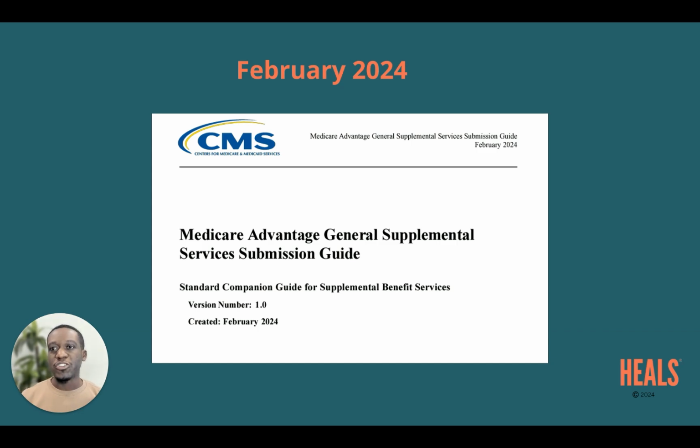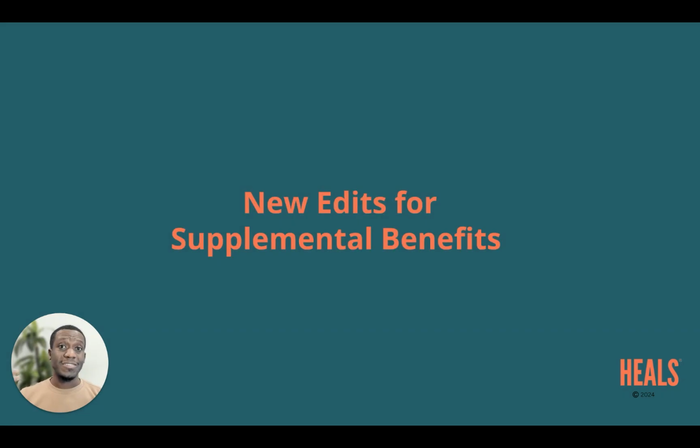I will encourage you to look at this guide to study more on what we are covering today. We are looking at some examples of the new edits for supplemental benefits data that CMS requires health plans to submit to the encounter data processing system.